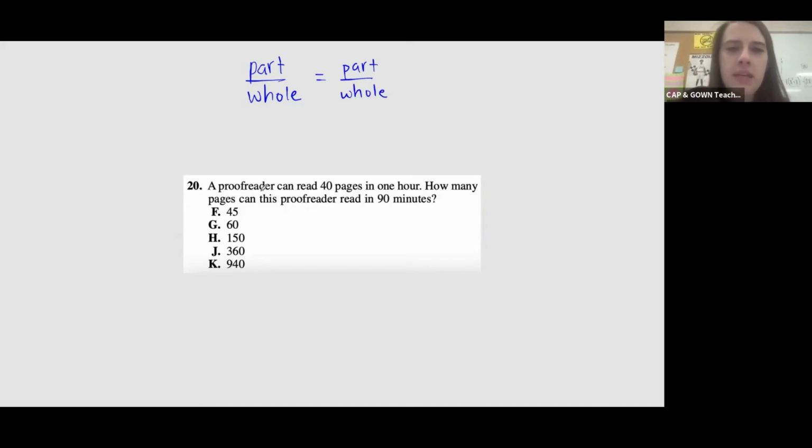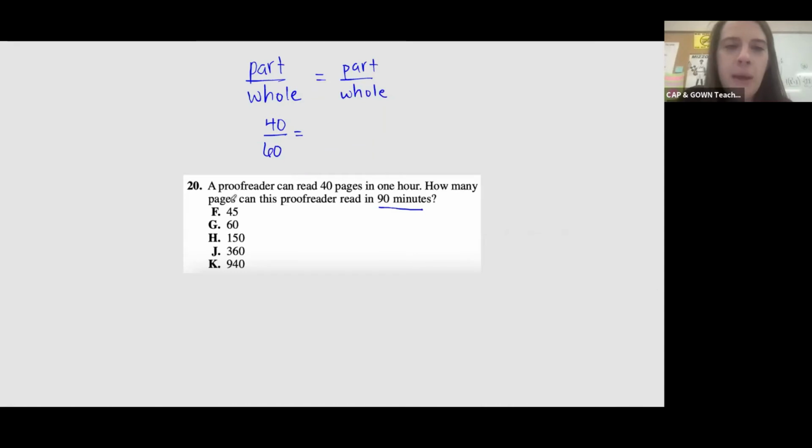So I can see that I'm given that the proofreader can read 40 pages in 1 hour. But before I write 1 right here, I notice that my other part is written in minutes. So instead of 1 hour, I'm going to put 60. So those times match each other. Otherwise, it won't work. Okay.